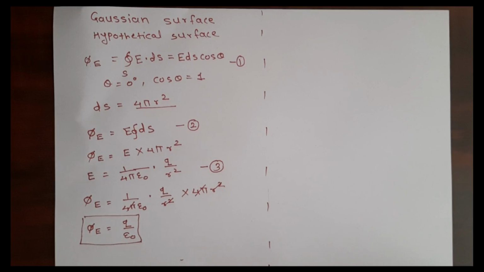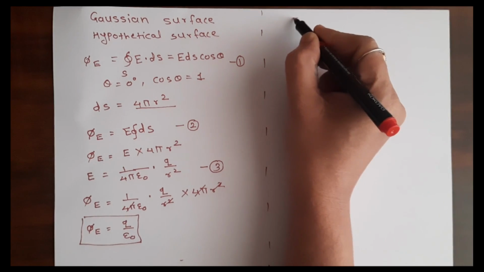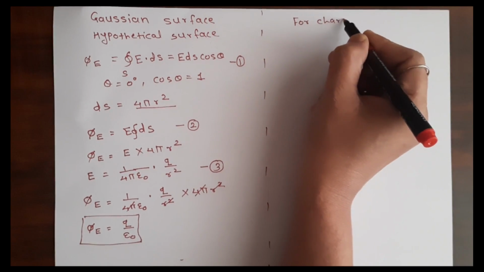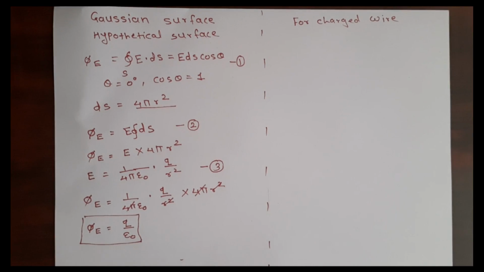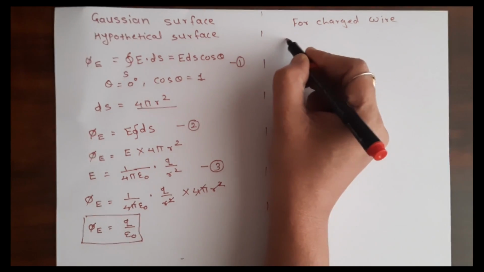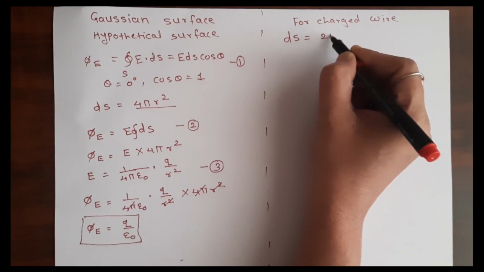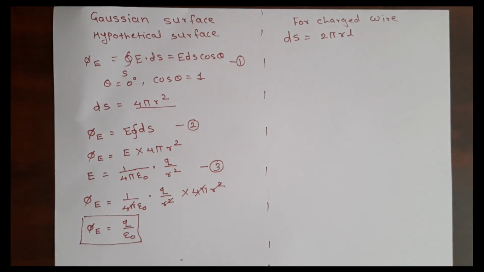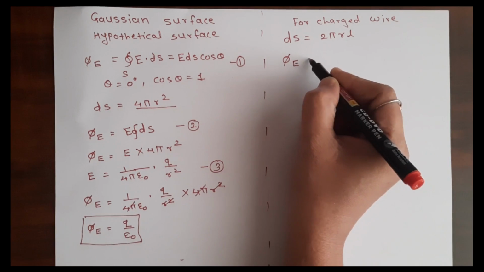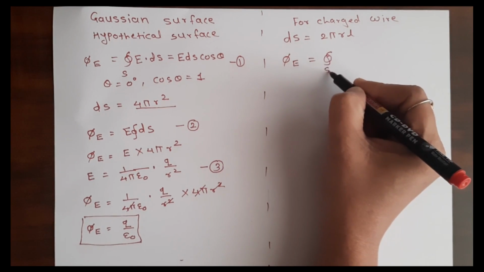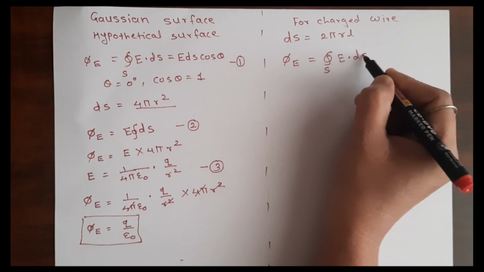Now for the charged wire we have to consider a Gaussian surface in the cylindrical form. It has a length L and the surface area is given by 2 pi r L. Now according to the Gauss law, electric flux is equal to surface integral of E dot ds.